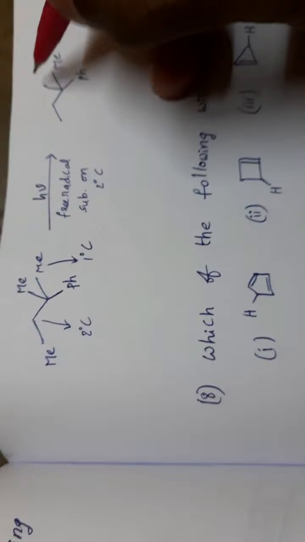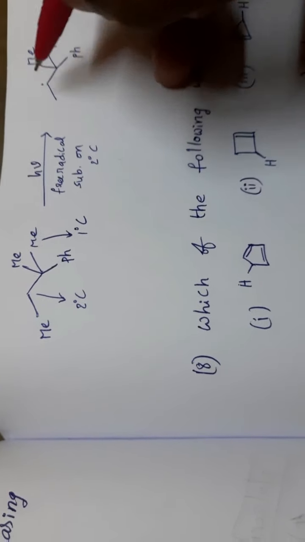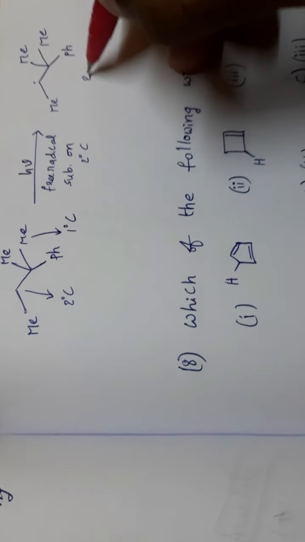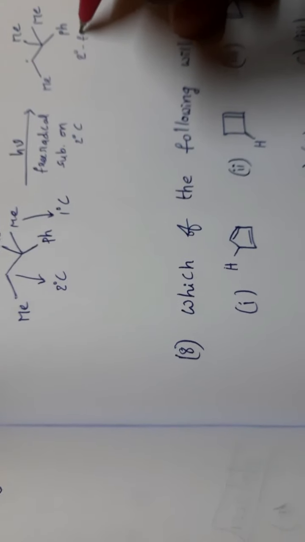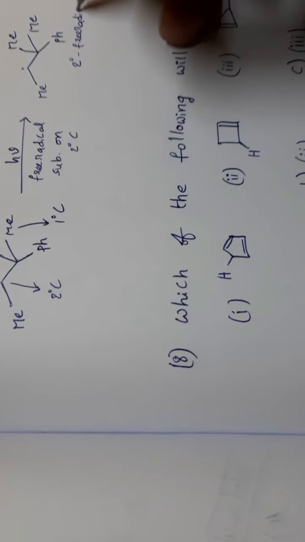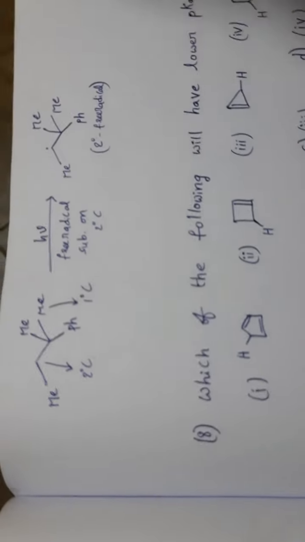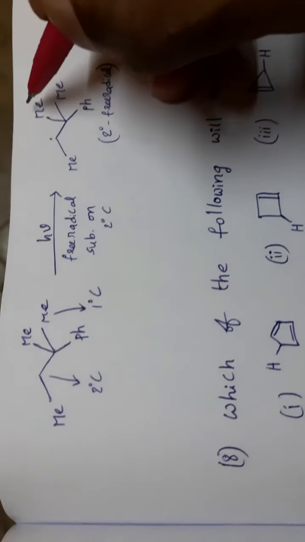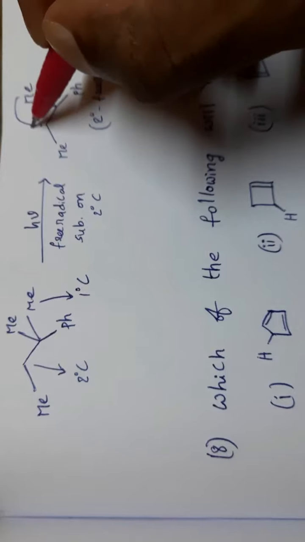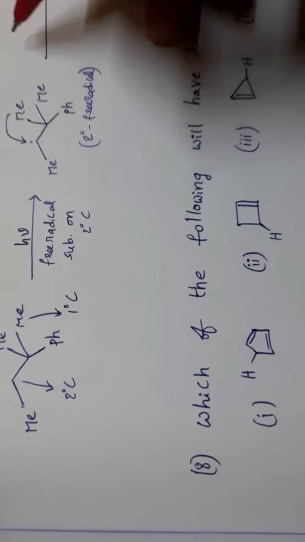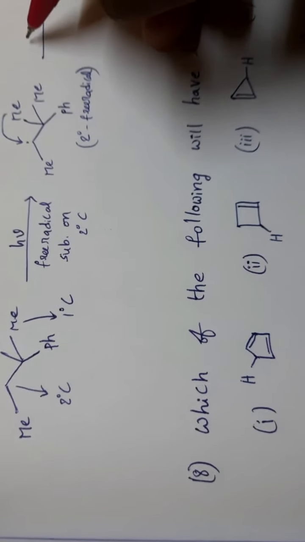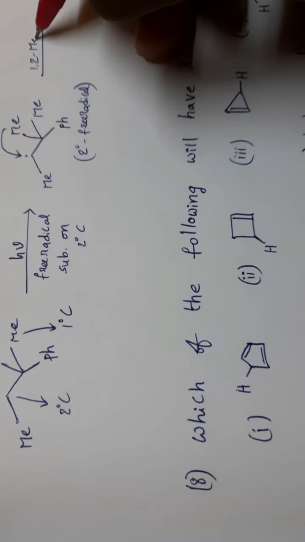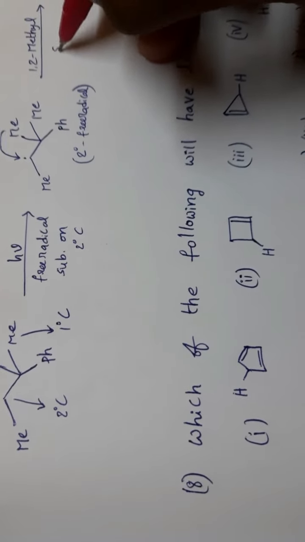Phenyl, methyl, methyl, free radical. This is a secondary free radical. Now methyl shifting takes place. From this position to this position, methyl shifting takes place. 1,2 methyl shift.